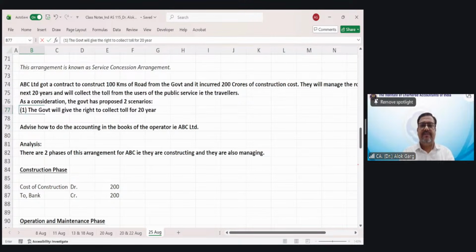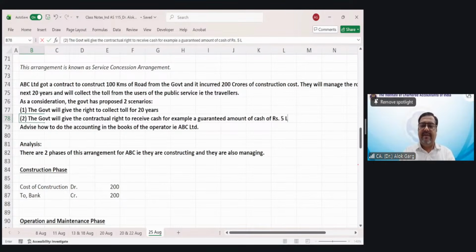Number two, the government will give the contractual right to receive cash, for example, a guaranteed amount of cash of rupees 5 lakh on a daily basis.